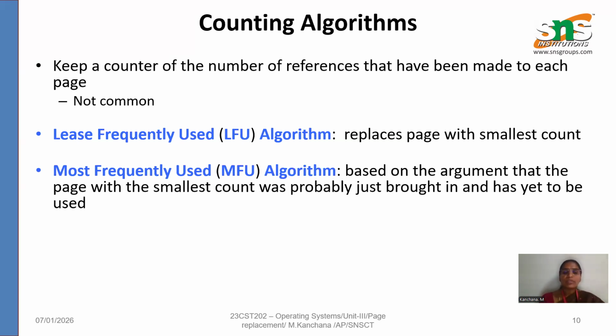It assumes that if a page has not been used much, it is not important. The second one is most frequently used, MFU, which works on the exact opposite logic. It replaces the page with the highest count. The argument here is that a page with a small count was probably just brought into memory a millisecond ago, so we should give it a chance to execute before throwing it away.